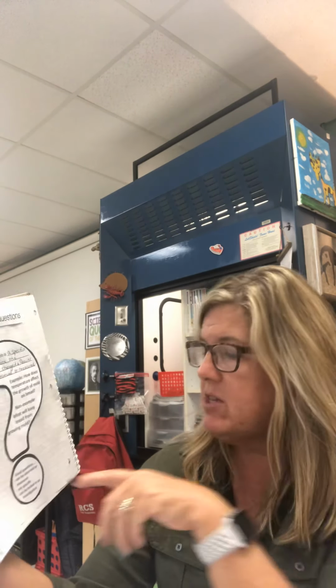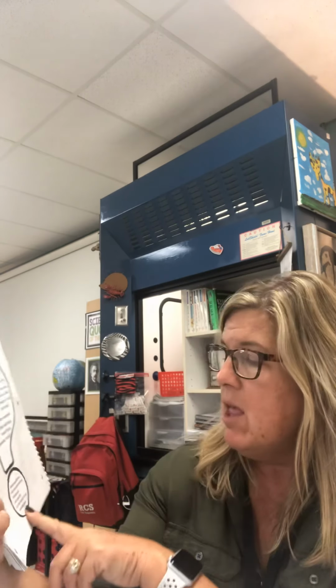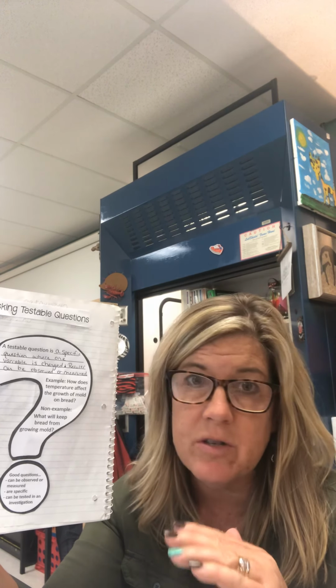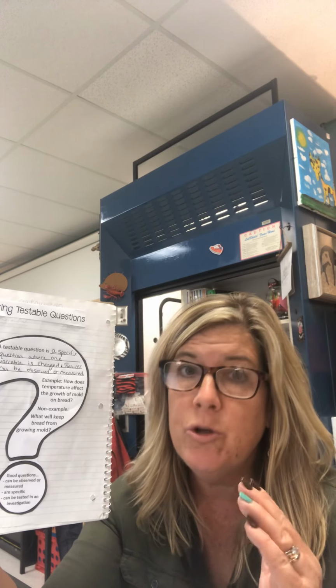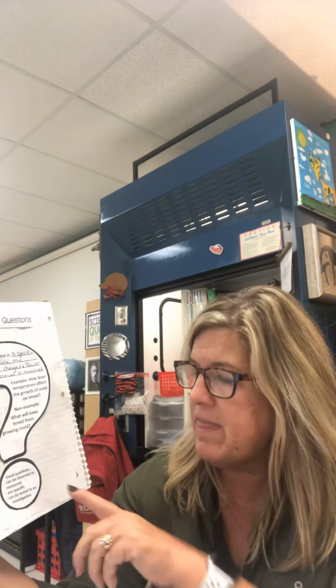So good questions, down here on the bottom, can be observed or measured, are very specific, and can be tested in an investigation. Remember that word quantitative? It's dealing in numbers. When you have numbers, if math is involved, you can prove it and nobody can argue with you. So they have to be able to be measured.